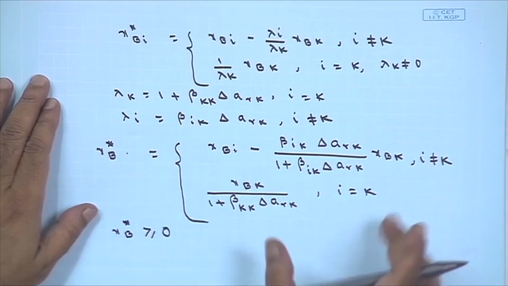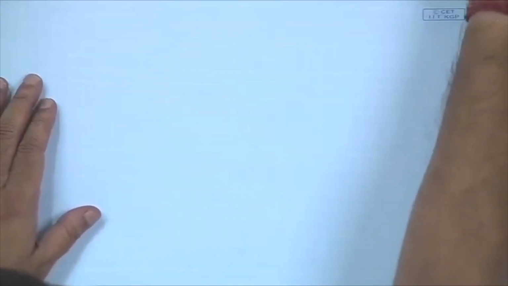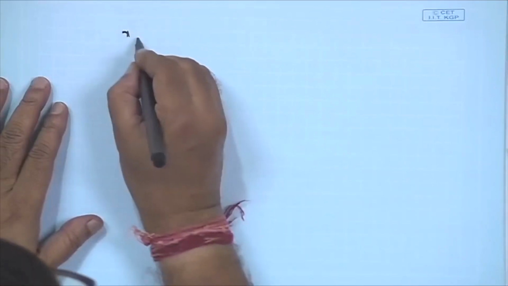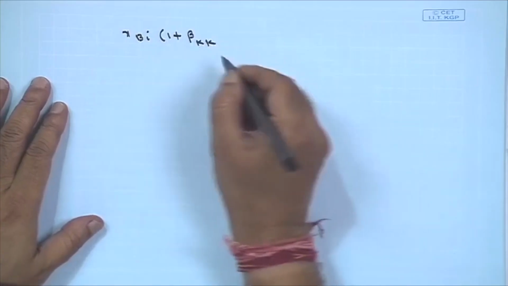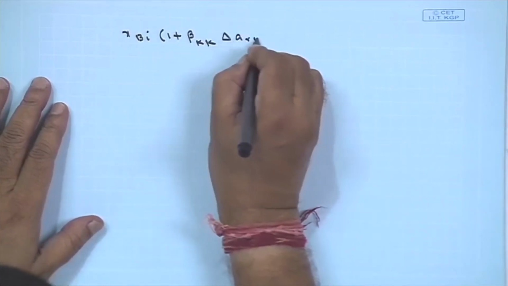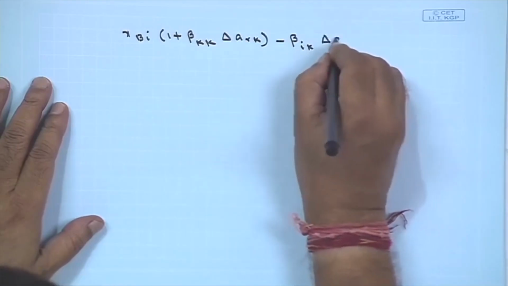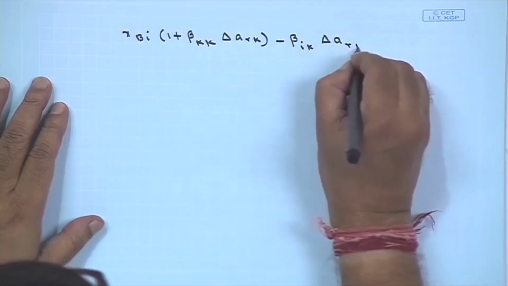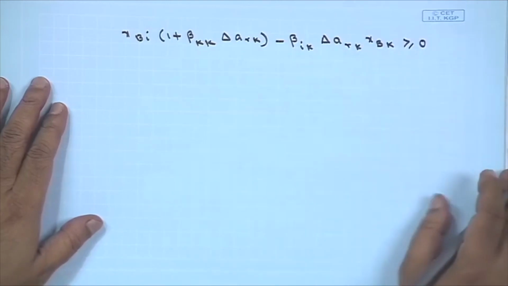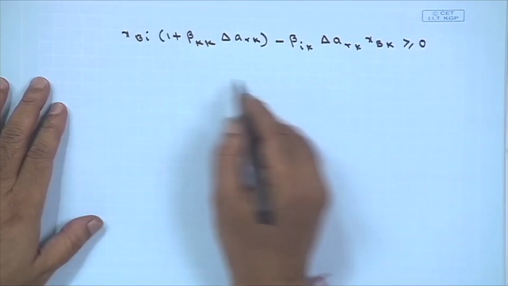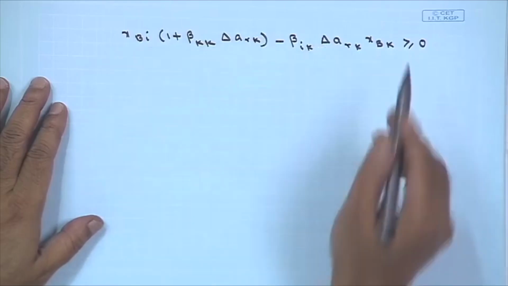So, this quantity should be greater than or equal to 0, or in other words, you can write x_B_i into 1 plus beta_kk delta a_rk minus beta_ik into delta a_rk x_B_k is greater than or equal to 0, which implies this quantity is greater than or equal to x_B_i, which can go to that side.